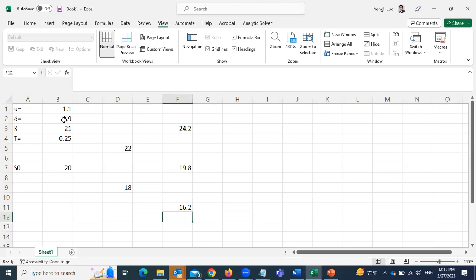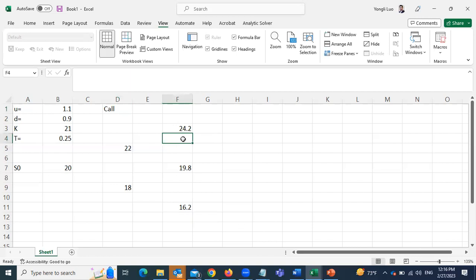So remember, when we do the option pricing, we need to go from step 2 to step 1, which is backwards. So first you need to do the backwards. And what is the price for this call option?